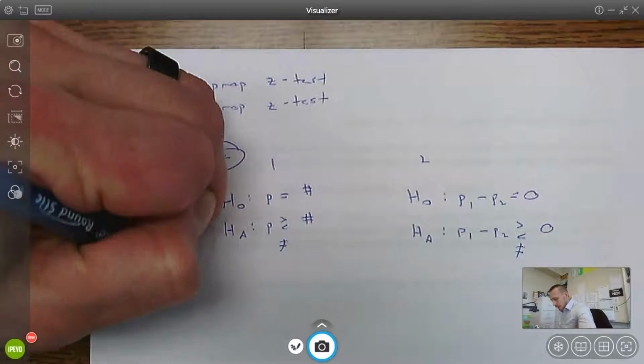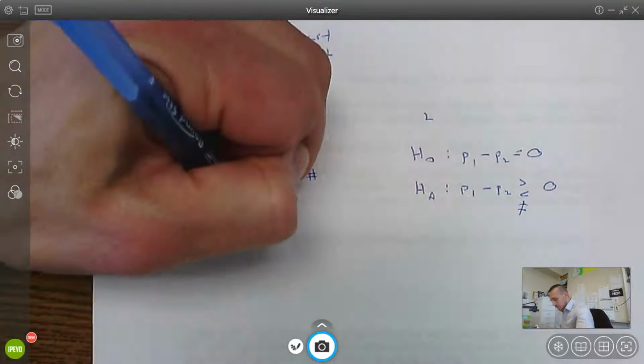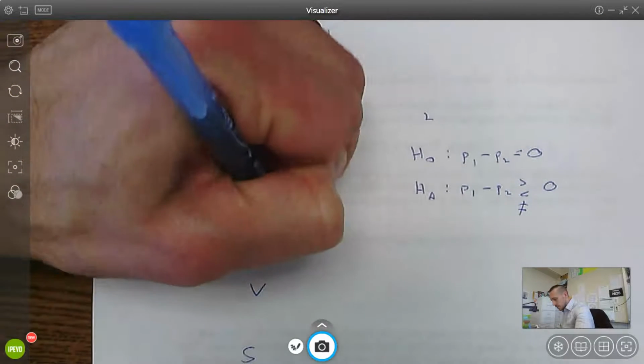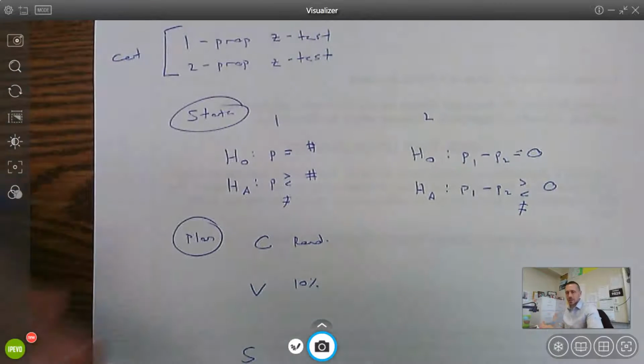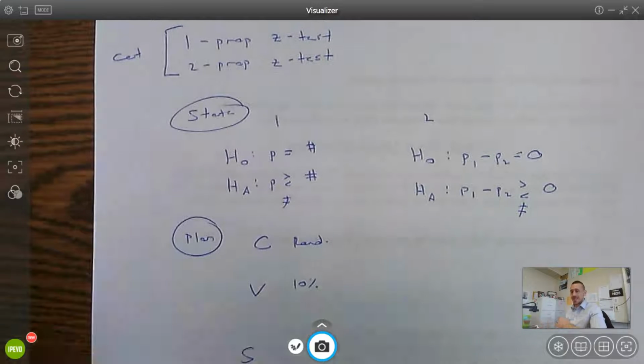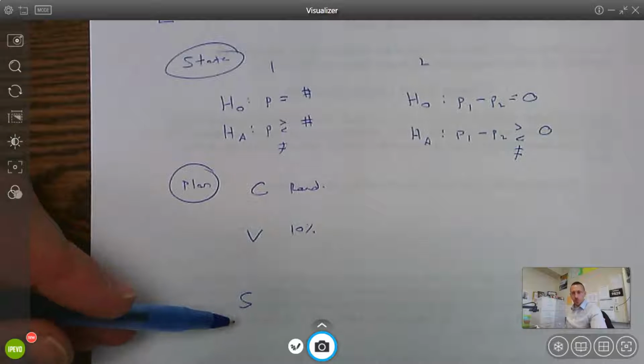And then the plan step, this is going to look really familiar. CVS. It's going to be the random condition, the 10% condition, exactly the same as you did for confidence intervals. Now, there's a slight tweak for the shape.